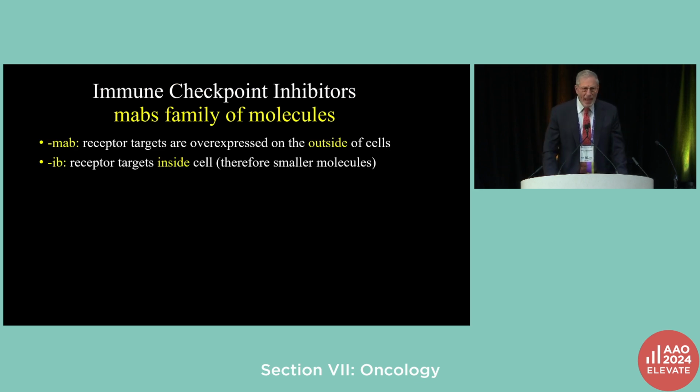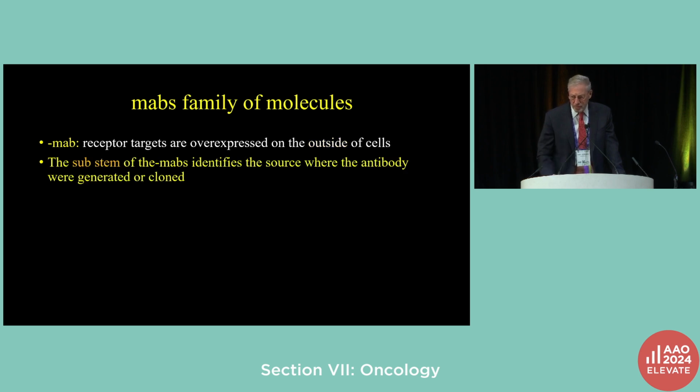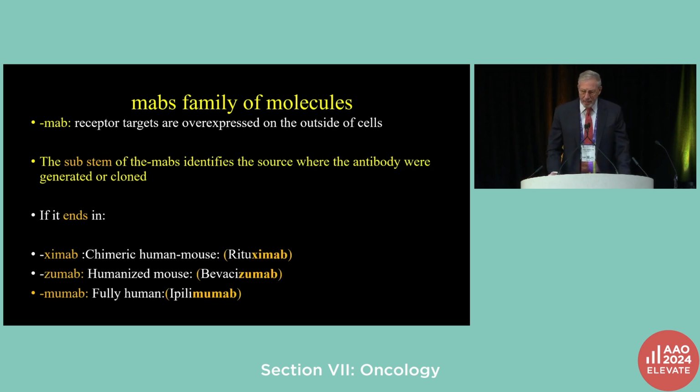They are the MABs. MAB refers to the receptor targets when they're expressed on the outside of cells. IBs are inside the cell, so they're smaller molecules. The substem of the MAB identifies the source of the antibody. For example, XIMAB, as in rituximab, a chimeric human mouse. Zumab, we all know, bevacizumab, humanized mouse.